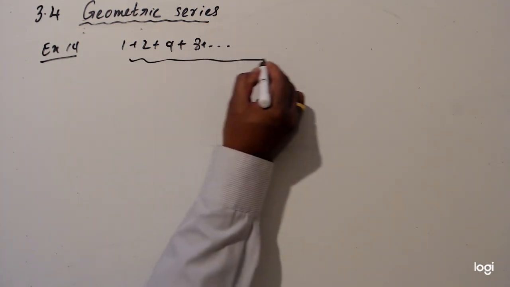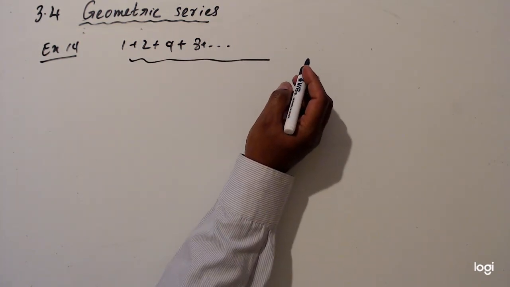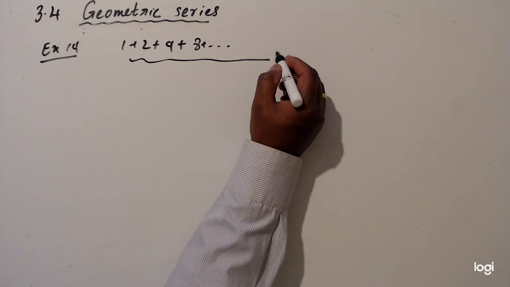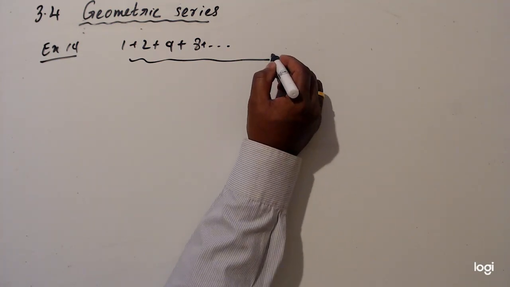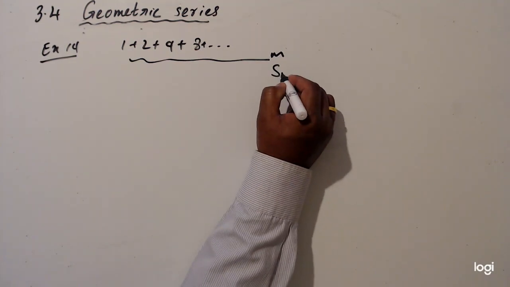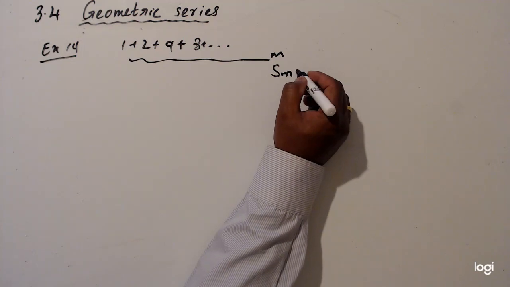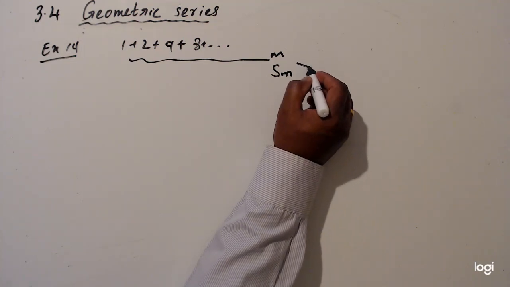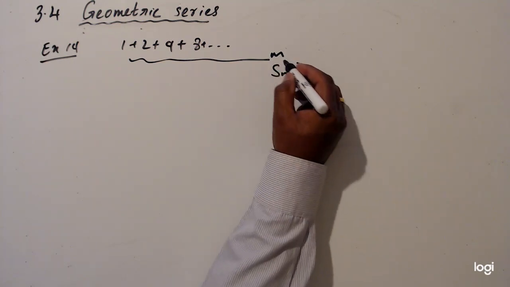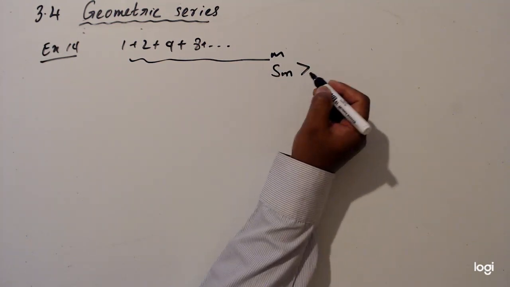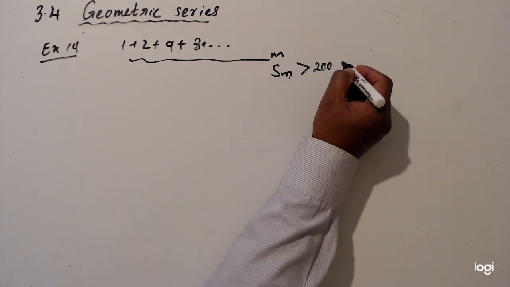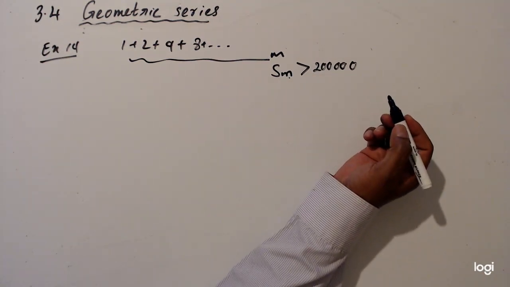We need to find the term, let's say m, such that the partial sum Sm should exceed 200,000.